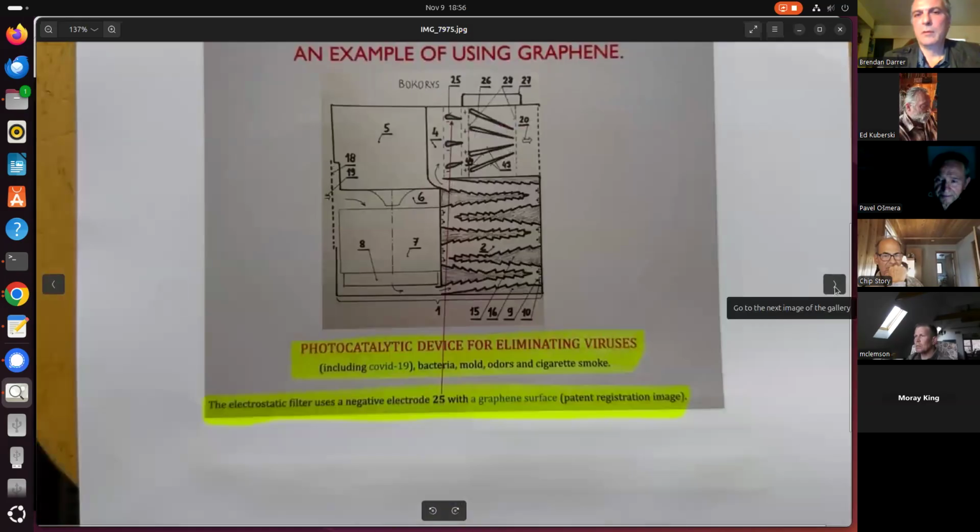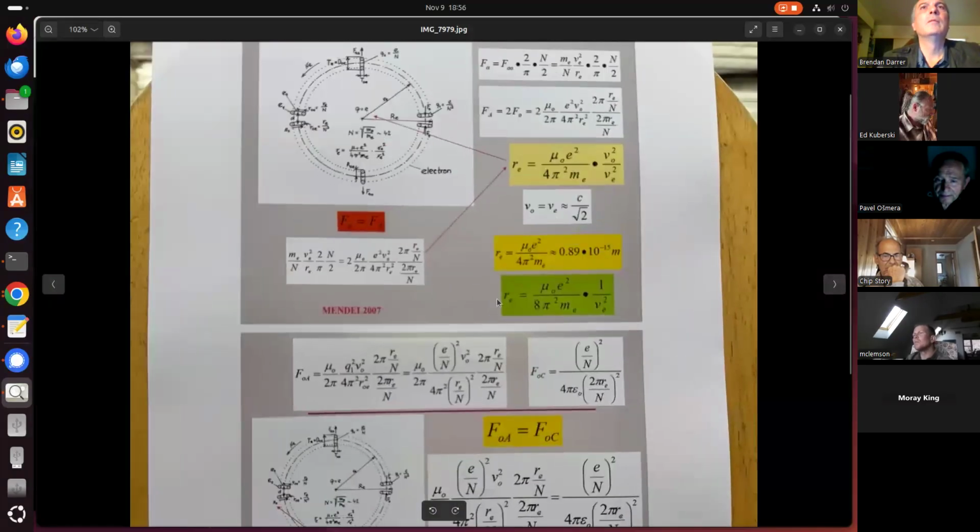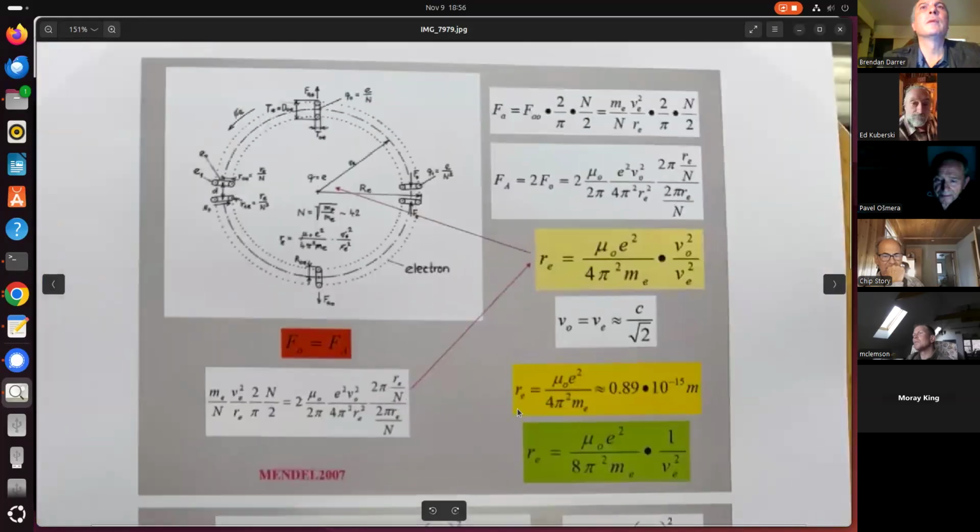Very cool. And then we get into a really big formula with the electrons. And then at the bottom, Ampere's law and Coulomb's law.